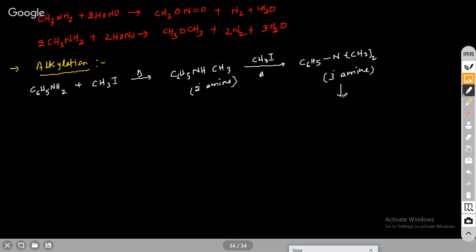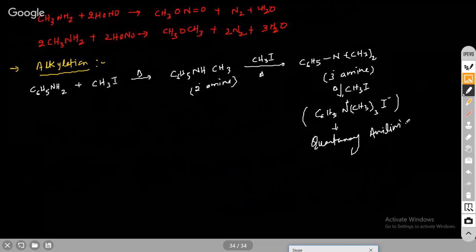And when this again reacts with CH3I, it forms C6H5N(CH3) whole thrice plus I minus. This we call a quaternary anilinium salt.